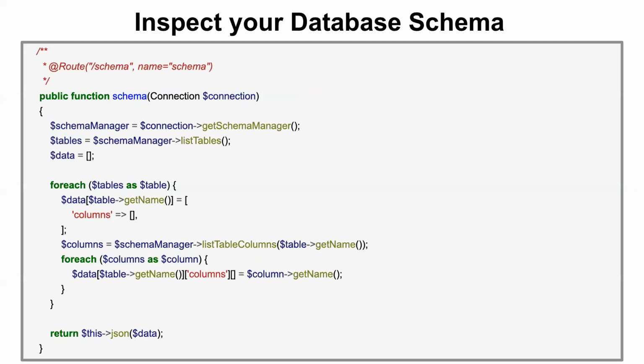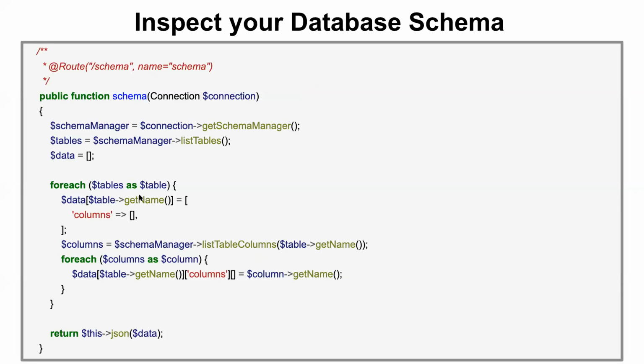So some other features that Doctrine has in the database abstraction layer, and this is really the foundation of the database migrations, and really everything that underpins the ORM, is the ability to inspect the schema of a database and programmatically list all the tables that exist in the database. And the listTables method that you see here returns an array of table objects.